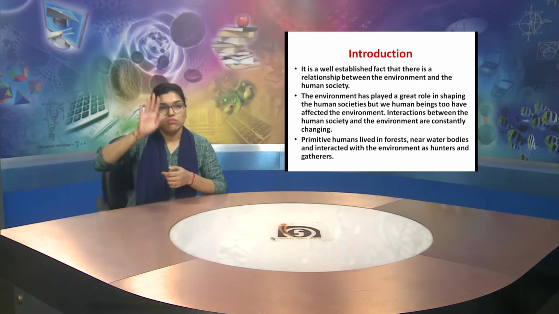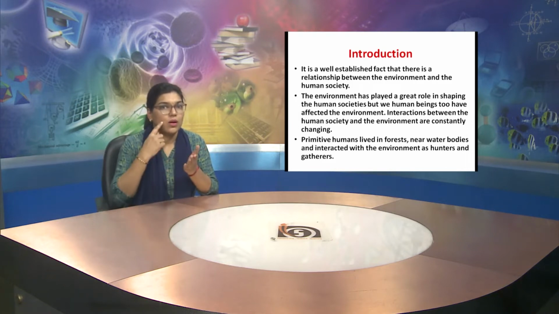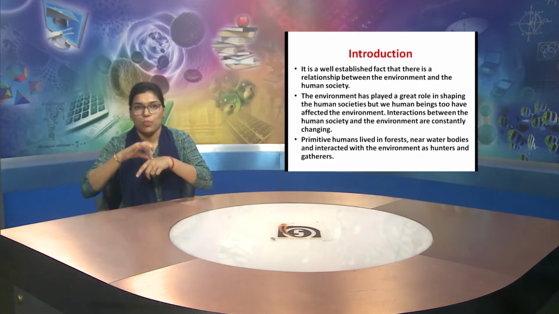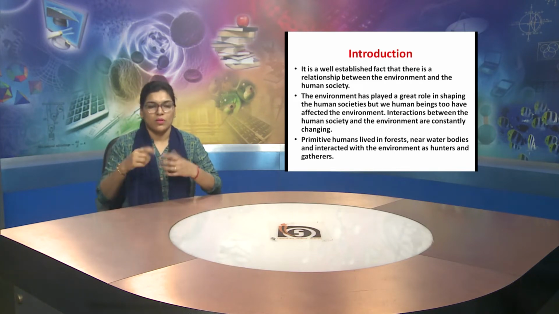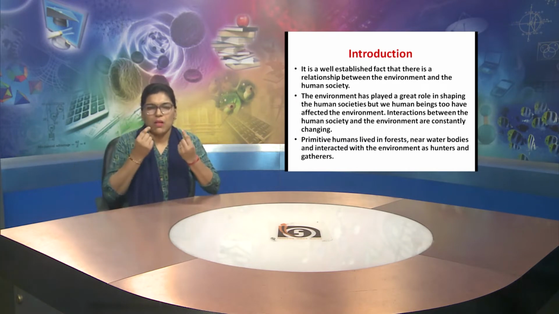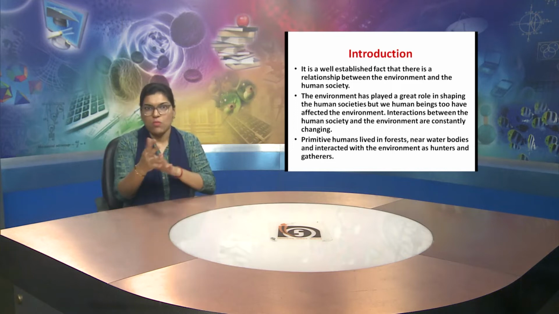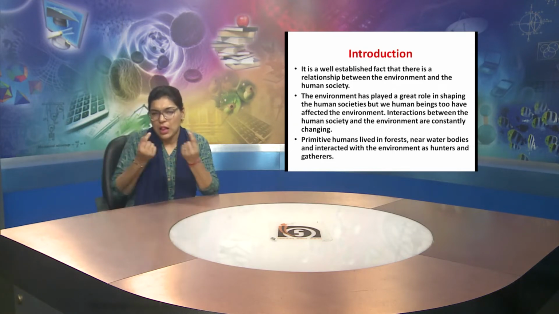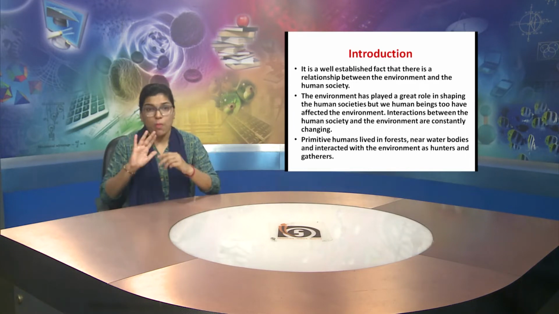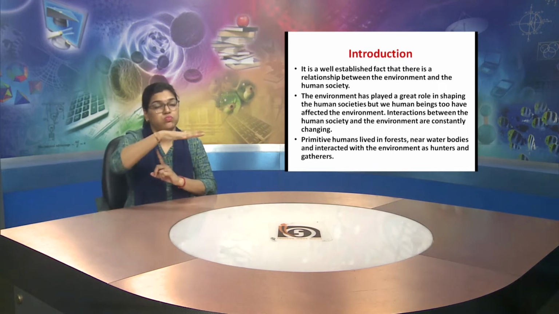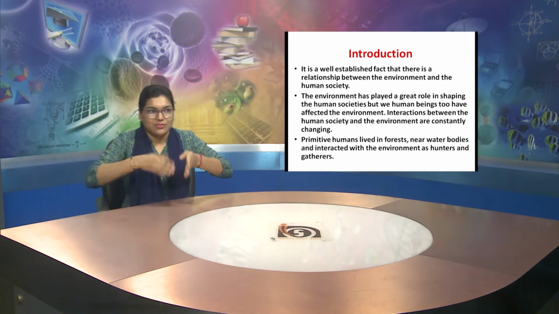During earlier days, the primitive humans lived in forests. At that time, as we all know, humans had a different physical structure, which was completely different from the modern-day human.